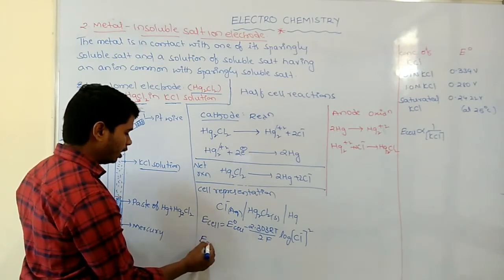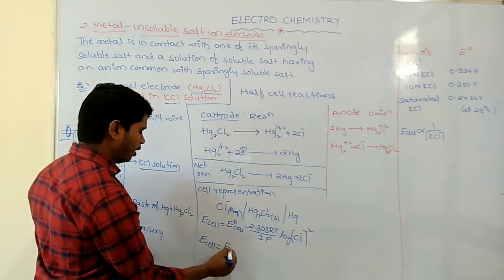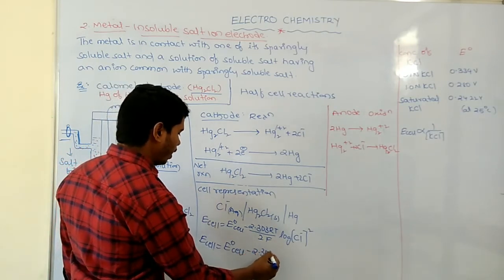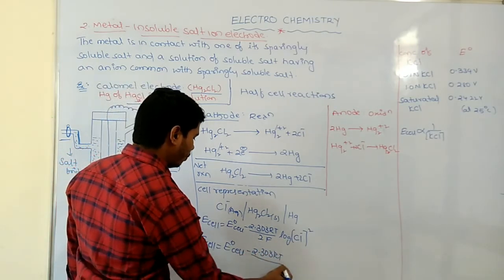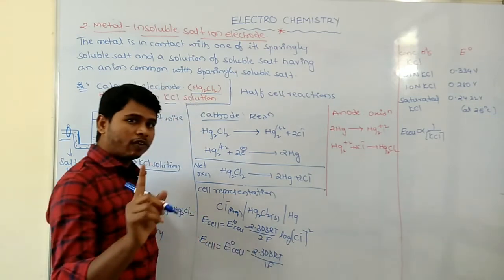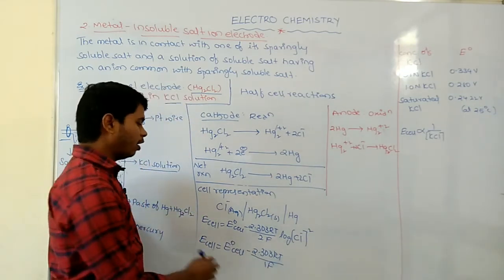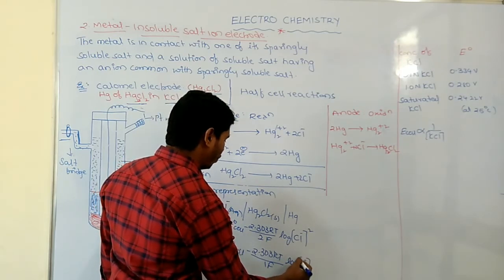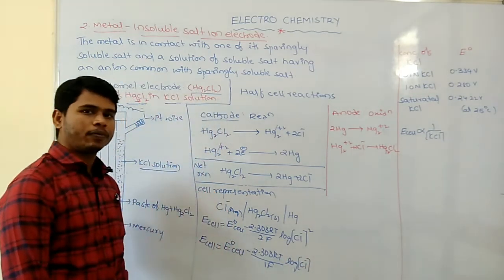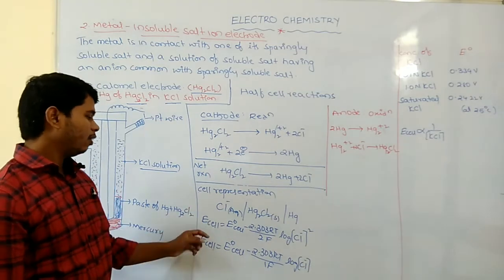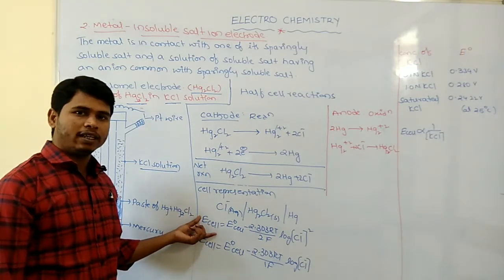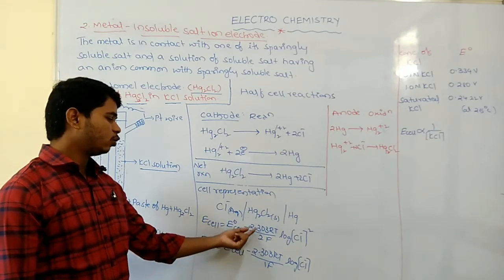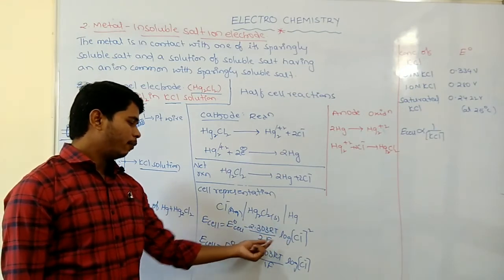Or the cell potential is also calculated as E cell is equal to E naught cell minus 2.303 RT by 1, if only one electron is involved in the reaction, then log concentration of Cl minus. Okay, the cell potential can be calculated from the next equation where E cell is equal to E naught cell minus 2.303 RT by 2.